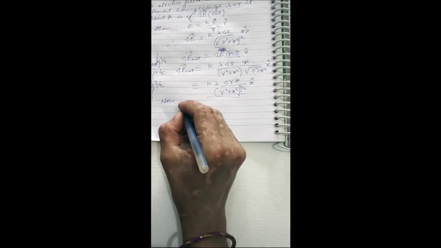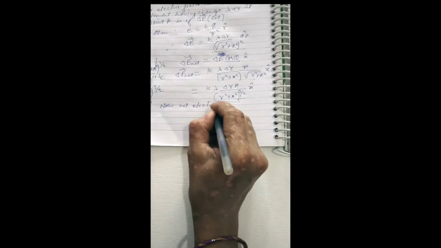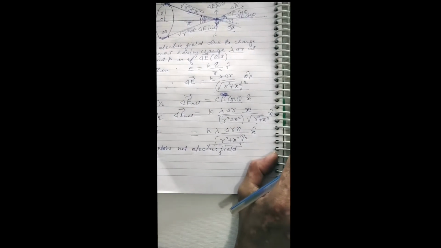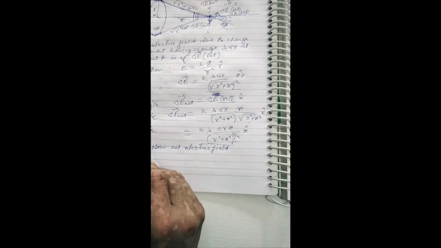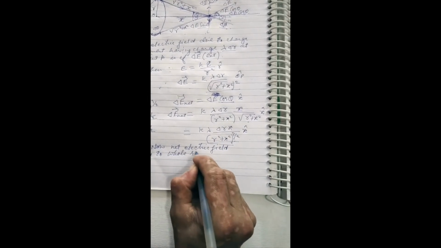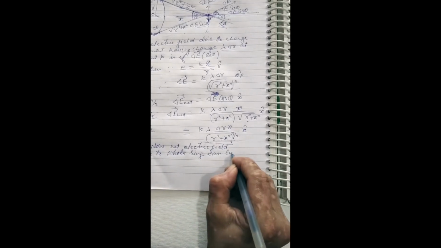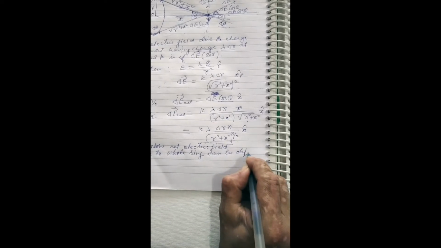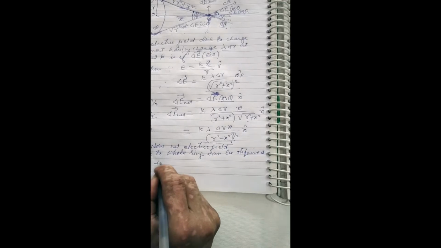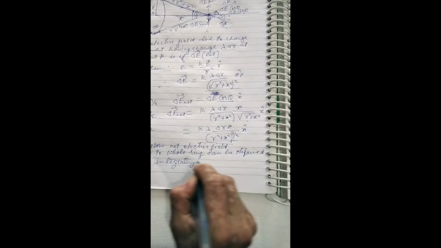Now net electric field due to whole ring can be obtained by integrating the equation.